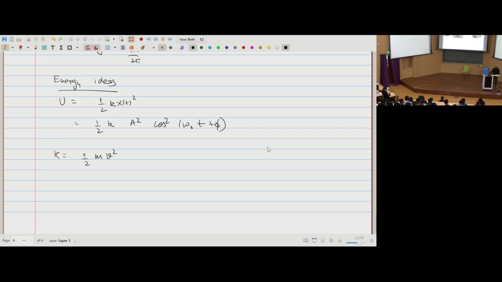Kinetic energy is half m v squared, and v can be written as x dot. Okay, so x is A cos omega naught t plus phi. So you differentiate that, you get x dot. Take a square. So what that gives us is half times m, and then v squared becomes omega naught squared A squared.